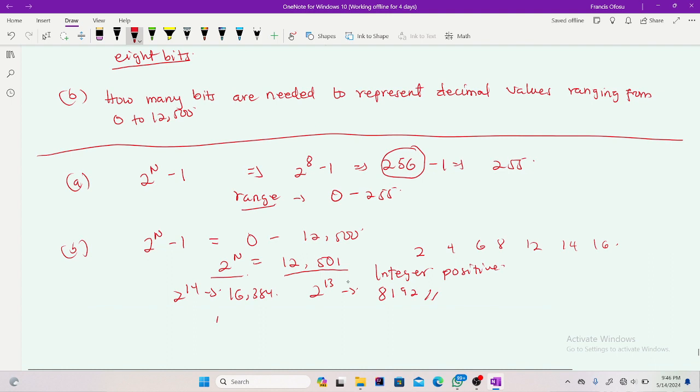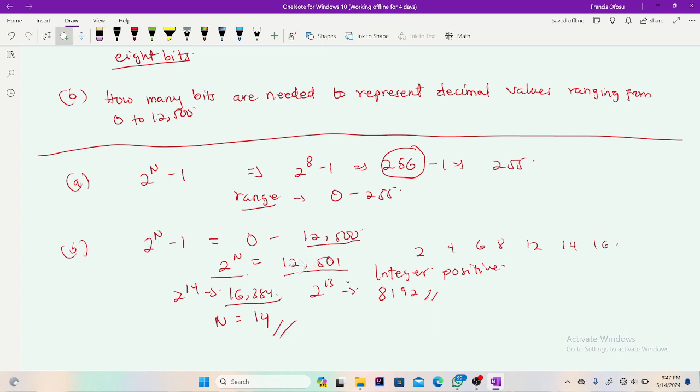So here we say that our n is equal to 14. This is because with 14 bits, we can get 12,500 within it, because we need the number of bits that can cover all. We may have unused spaces, but we still want the maximum. So that is 14.